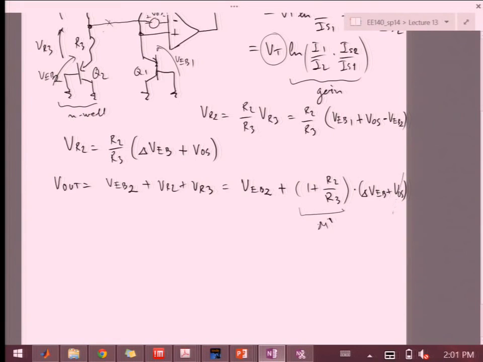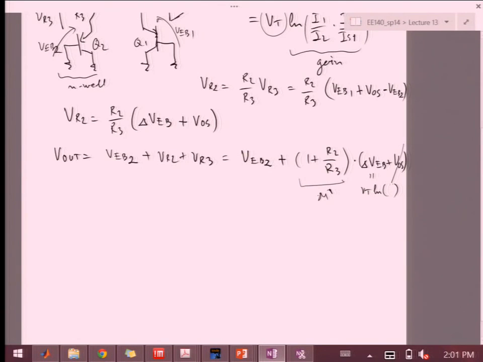So if there was no offset voltage, then this delta VEB, we said, was VT ln of something, of a constant here. So then this M prime times the log will give us our M. So that will be the total gain. And the gain is on VT. Right, so it's exactly that equation.